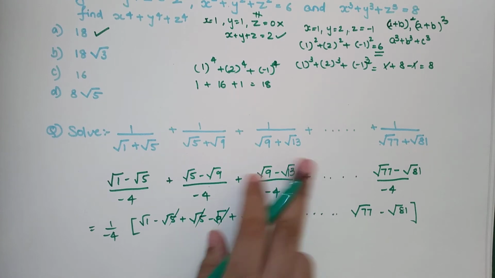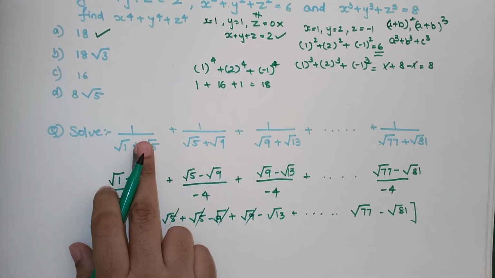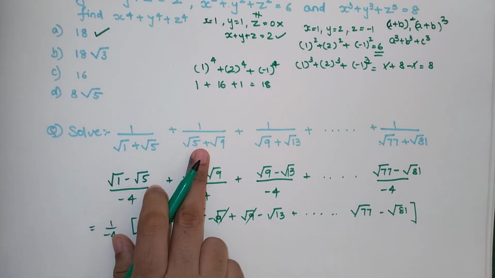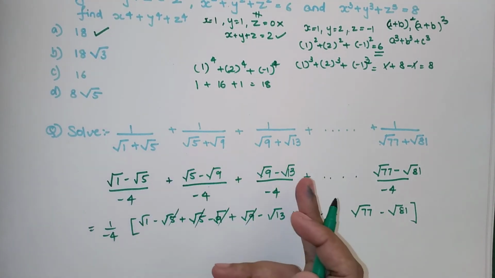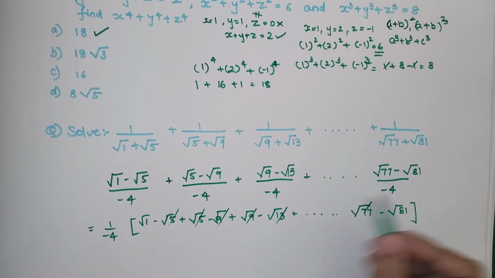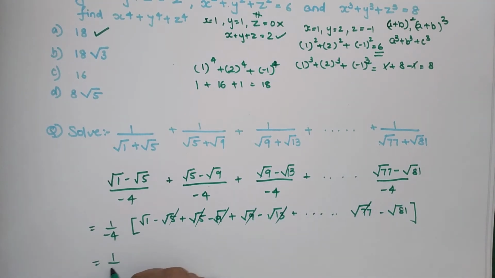So basically all the last terms of the numerator in each fraction get cancelled. Why? Because this term in my numerator becomes negative, but this term remains positive in my next fraction. So if you look closely, all these terms will get cancelled and you will be left with just 1 upon negative 4 times root of 1 minus root of 81.